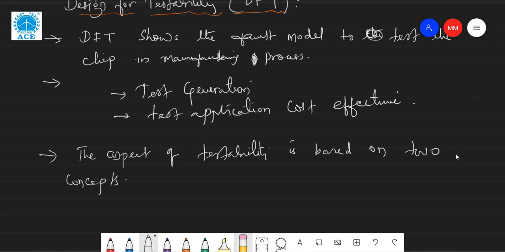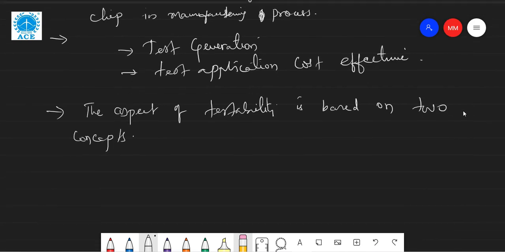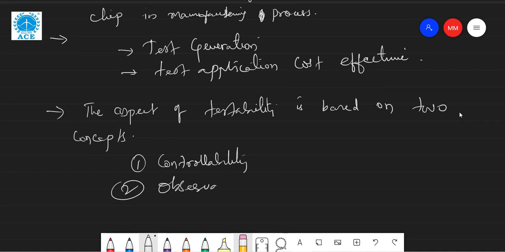That are generally we can call controllability, one is controllability, and the second one is observability.